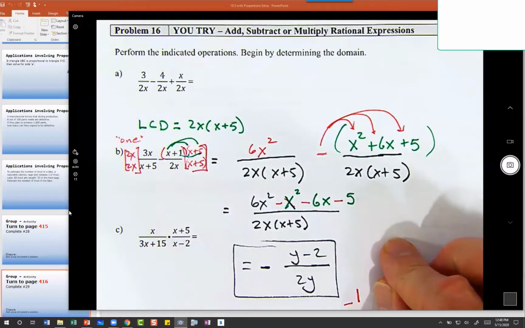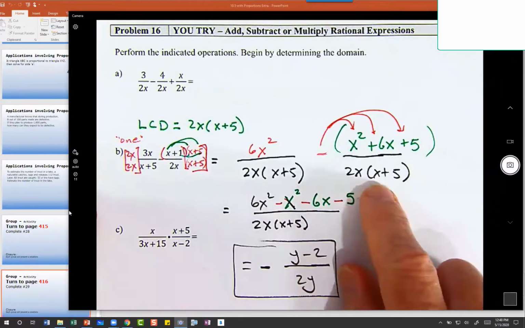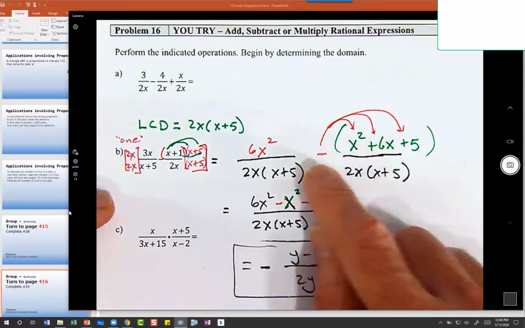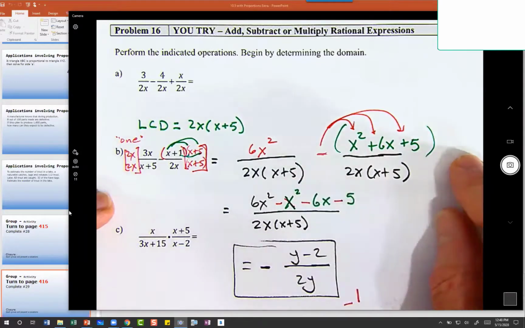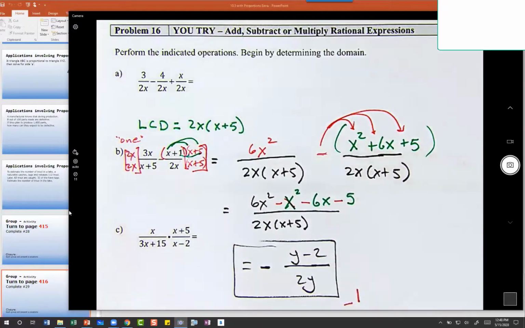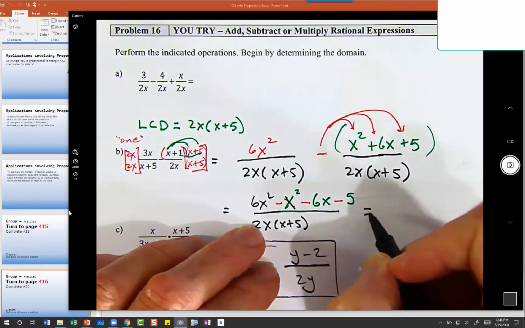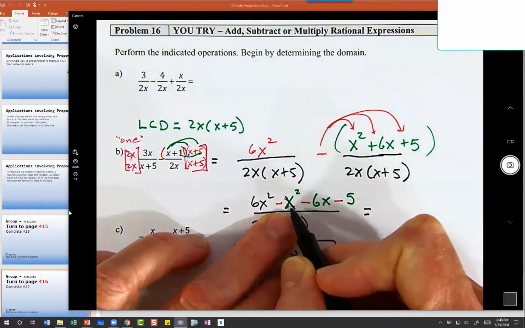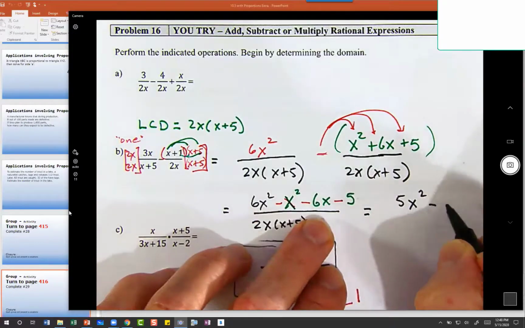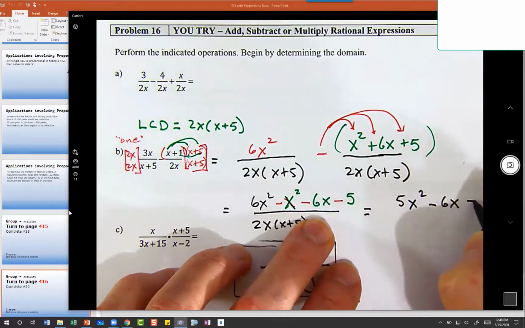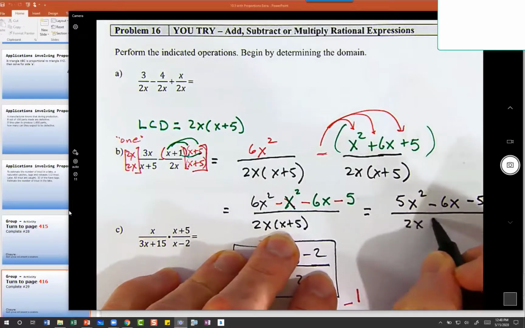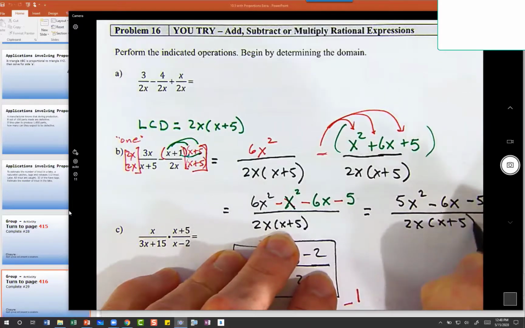Now, some of you are better with polynomials than others, but if you're a little rusty with subtraction, make sure you write that step down and distribute the subtraction. And then simplify. 6x squared minus x squared is 5x squared minus 6x minus 5 over 2x times x plus 5.